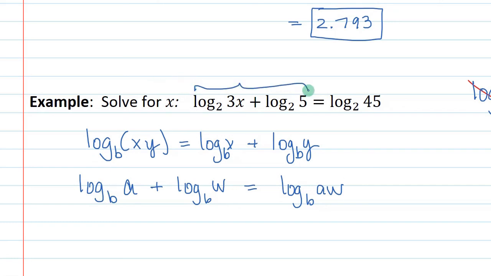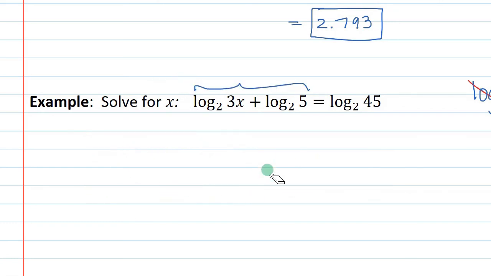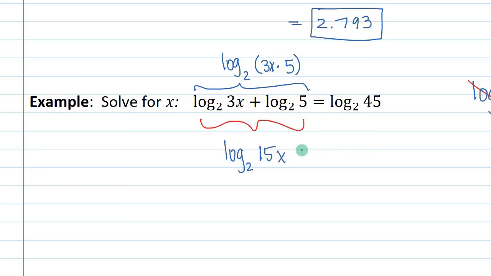What you have here is a sum of two logs with the same base, and that means you can go backwards and combine them into a single log, which is going to be log base 2 of 3x times 5, which is 15. Well, let me write it out for you first. 3x times 5. So that means that this becomes log base 2 of 15x, and this is log base 2 of 45.